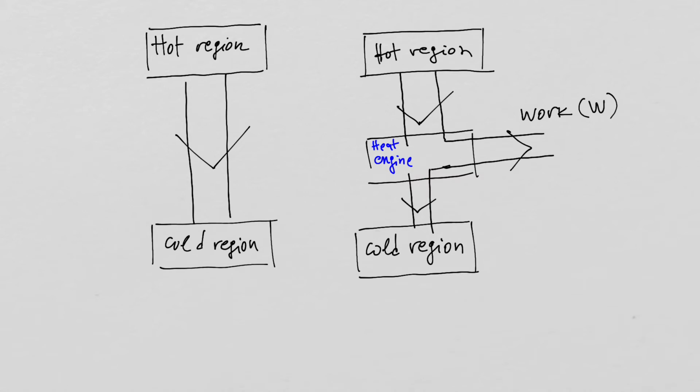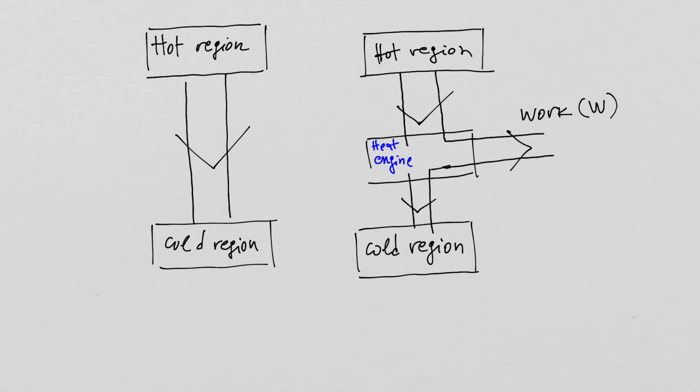In the context of an internal combustion engine, as I explained on the previous slide, the hot region is the cylinders of the engine where the fuel-air mixture is burning, heat is generated, and then the heat engine itself, which is the car engine, has moving parts which will move other parts in the drivetrain, which will cause the vehicle to move. So mechanical work is generated.